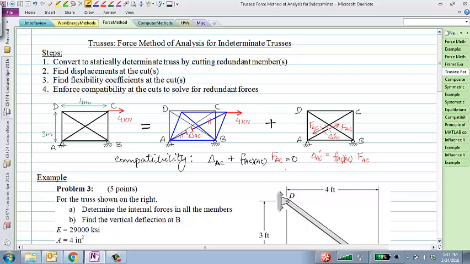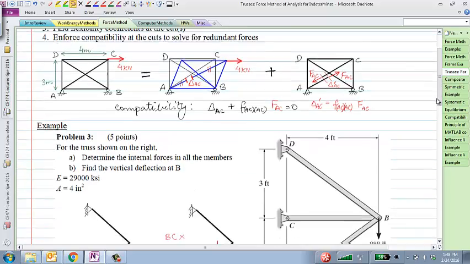Under the action of the actual loads and the redundant loads, the displacement at the cut has to be 0. So the actual load causes the cut to separate, and the redundant force is applied in such a way that the cut comes back and matches exactly. Okay, so that's the logic here.